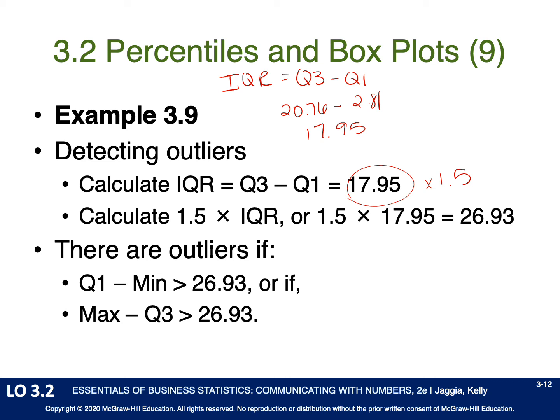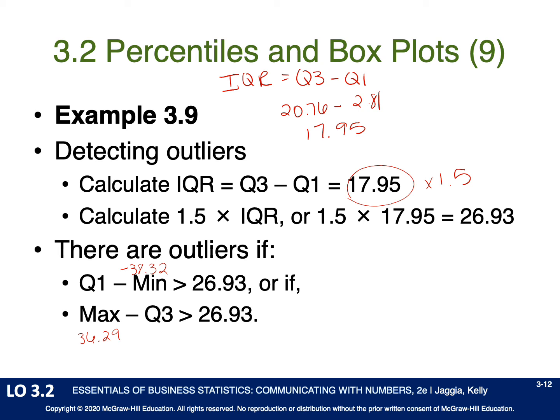the minimum, I'm going to write up here, was a negative 38.32, and the maximum was 36.29. So let's start with the maximum.